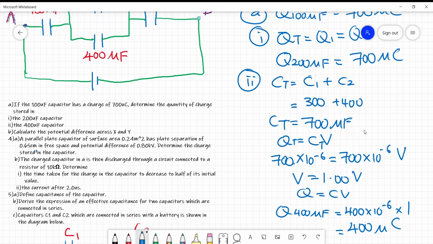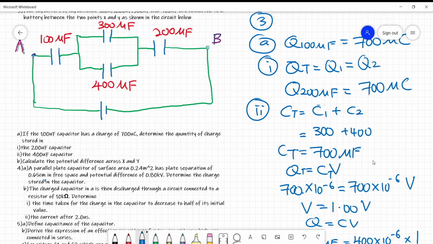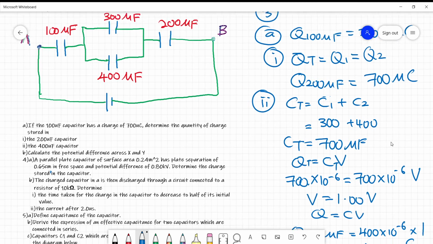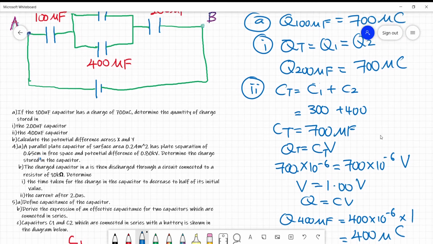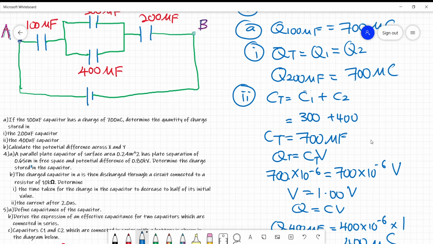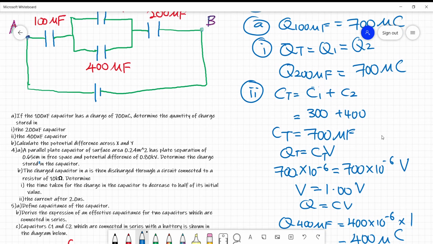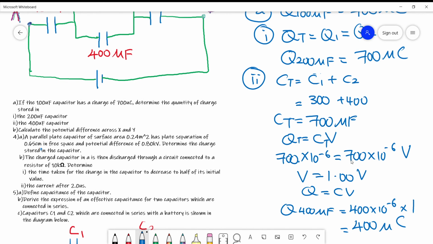For the first step, we need to find the total capacitance of the capacitors arranged in parallel. With the total capacitance found, we can find the potential difference across these two capacitors. In parallel, the potential difference for both capacitors is the same, so both have 1 volt.